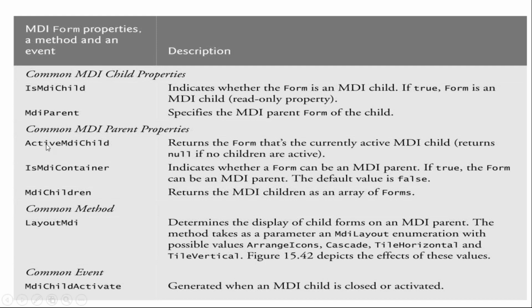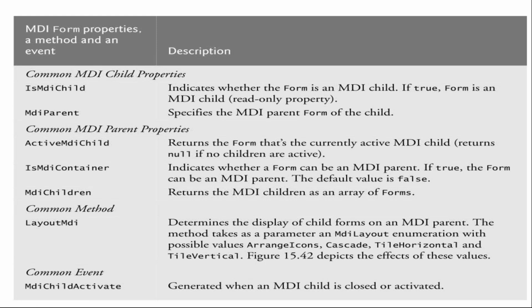Similarly, you have active MDI child, that means which child form is executing right now. Is MDI container, is MDI children. Likewise, you have different properties of this particular MDI form. We are not going to deal with any of these properties in the code part except this MDI parent, because we need to specify that this child belongs to a particular parent.